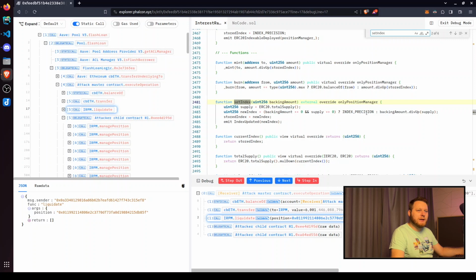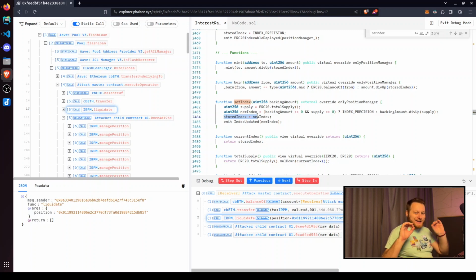You can see here in set index, because the backing amount now is really huge, like the attacker put 6,000 ETH here, this is actually being divided by supply. This results in stored index being really high. That means that now you have to put a lot of amount to gain one share.